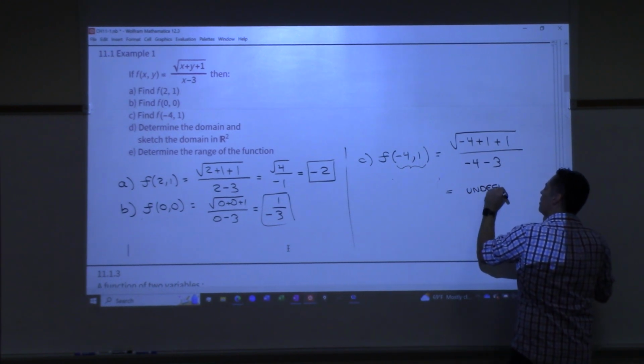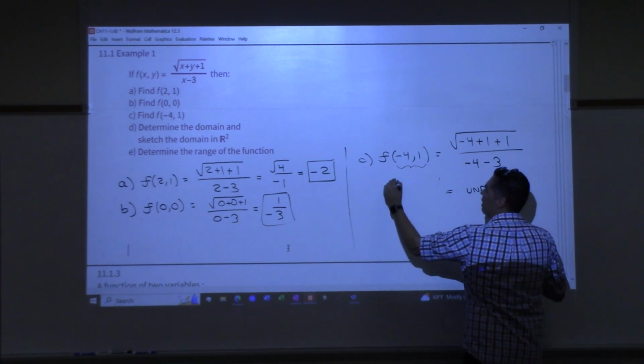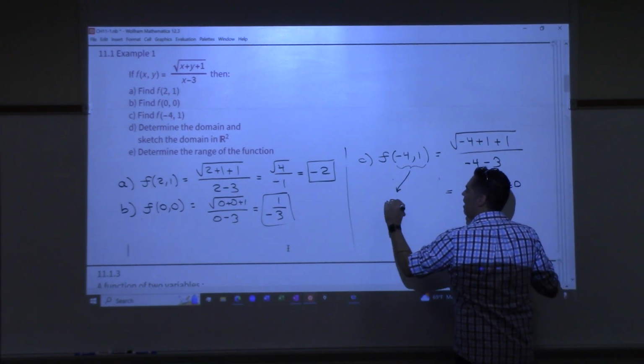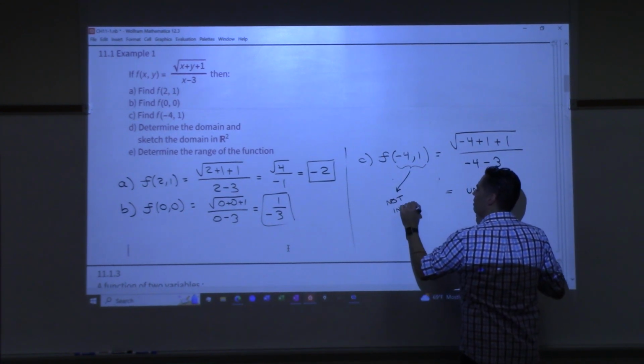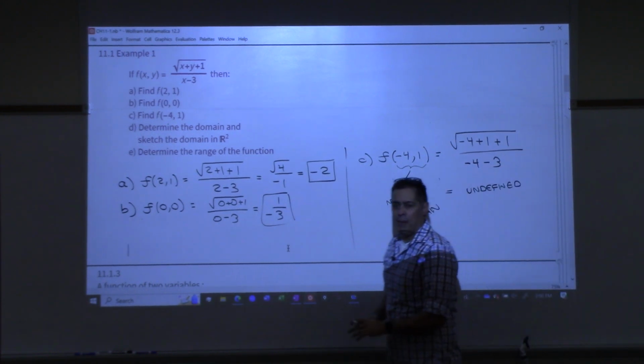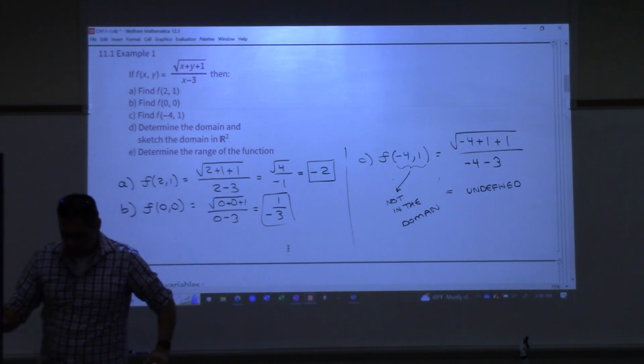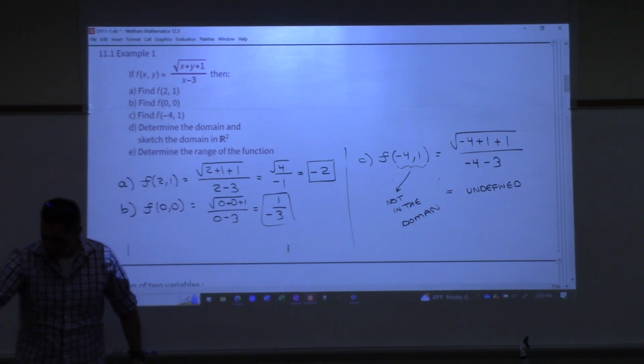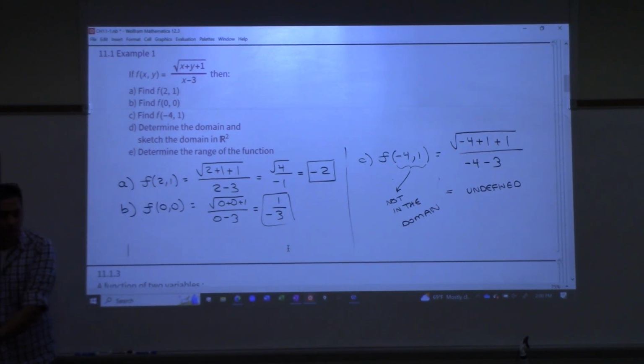We don't have a way of defining this. If I go to negative 4 on my x-axis, 1, 2, 3, 4, and I go to 1 on my y-axis and I try and find a point, I don't have one.